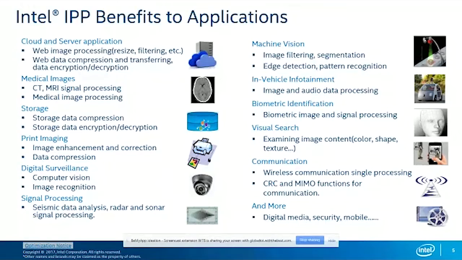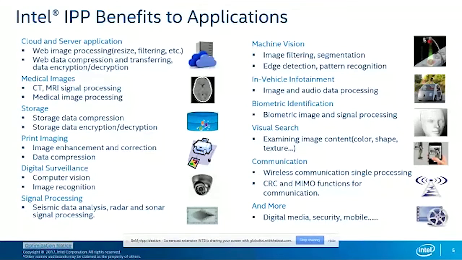These libraries offer many computer vision and image processing libraries that can help you handle image and computer vision related problems. And there is also signal processing, special signal processing for embedded applications, machine vision and IVI applications. So this is a very extensive library that can support different usages on the embedded side.